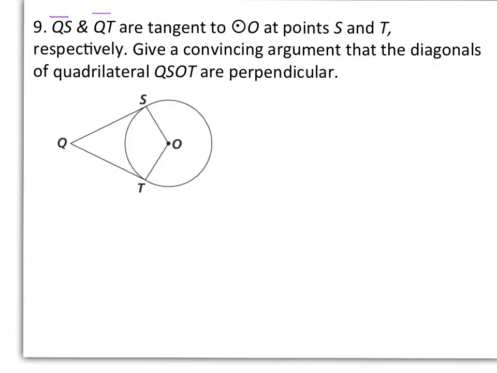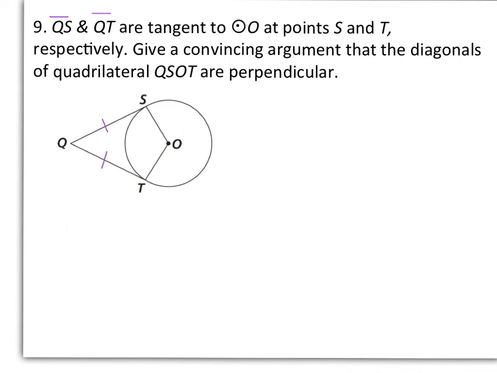Number 9 says line segments QS and QT are tangent to circle O at points S and T respectively. Give a convincing argument that the diagonals of quadrilateral QSOT are perpendicular. Okay, well, if QS and QT are tangent, that means that they are congruent.